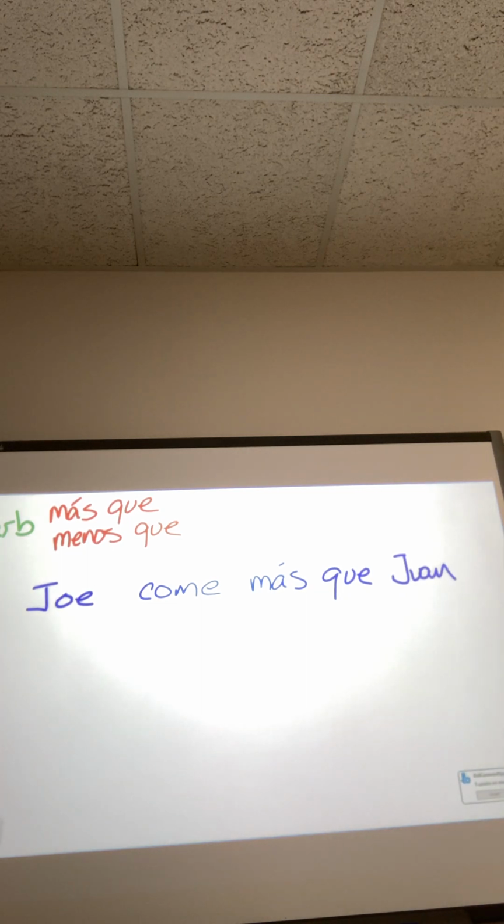Joe eats more than John. Joe estudia menos que Juan. Joe studies less than John. Joe trabaja más que Juan. Joe works more than John. So it's an unequal comparison of actions.